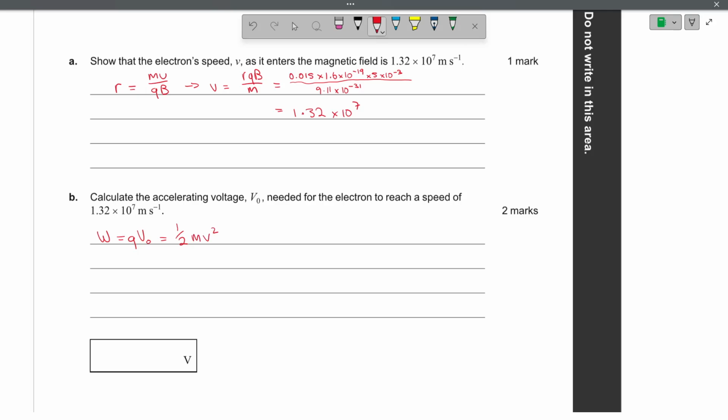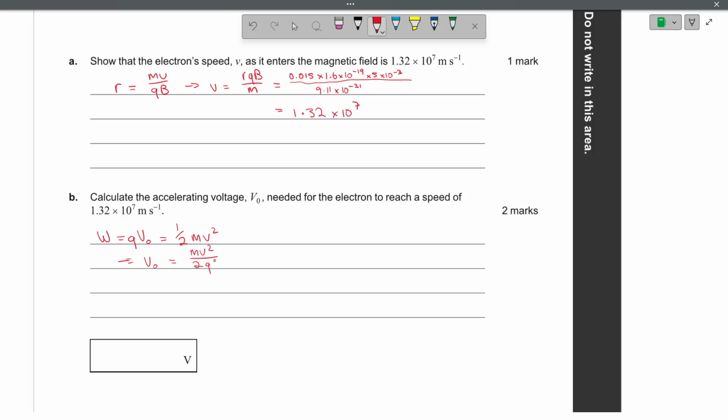We know m, v and q, and we want V0, so V0 is equal to mv squared over 2q.